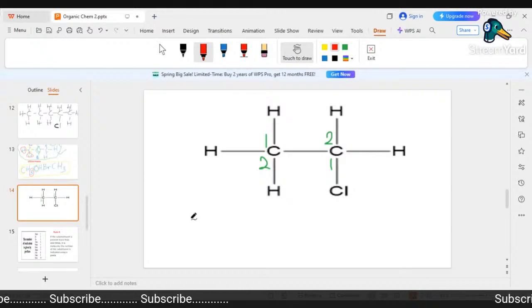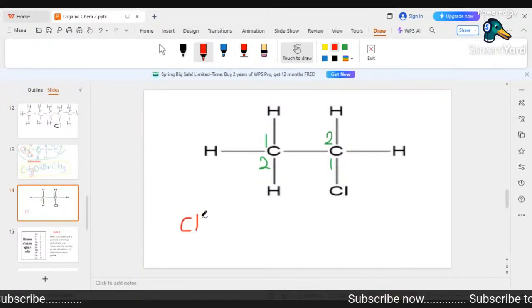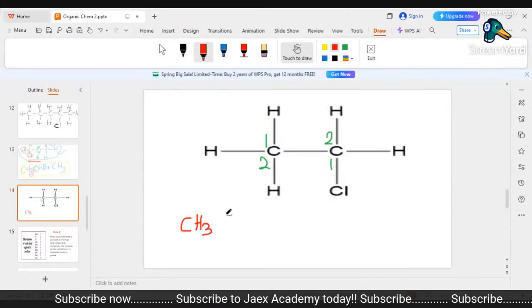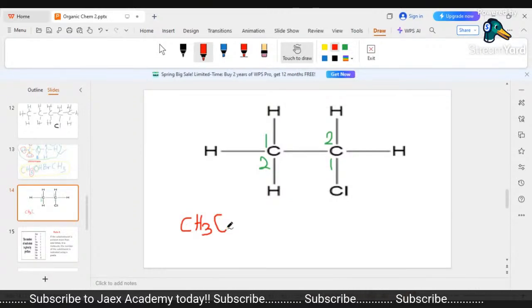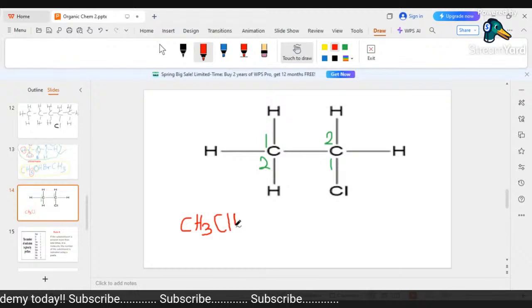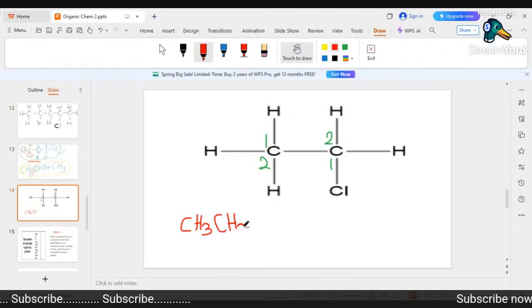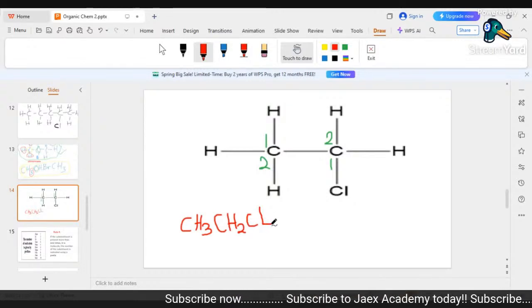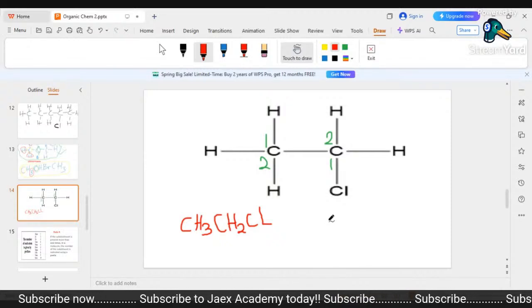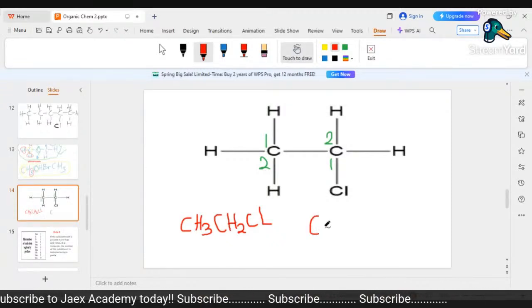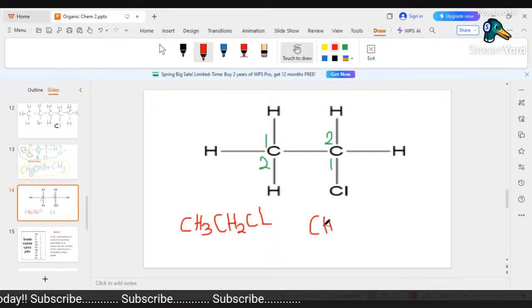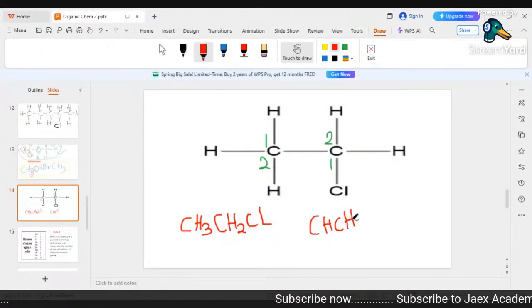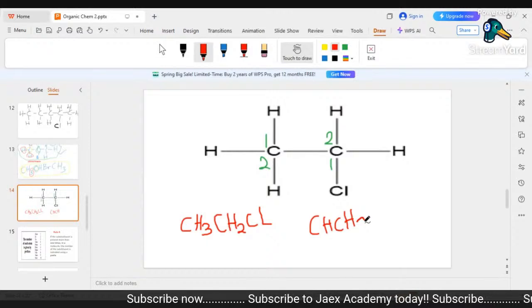So this is CH3, and I can either write it as CH2Cl, or, well, it doesn't really make sense if I say it is written as this.